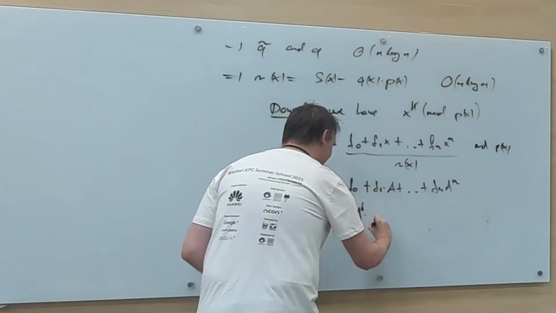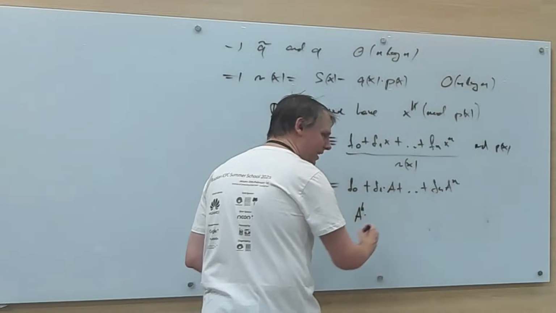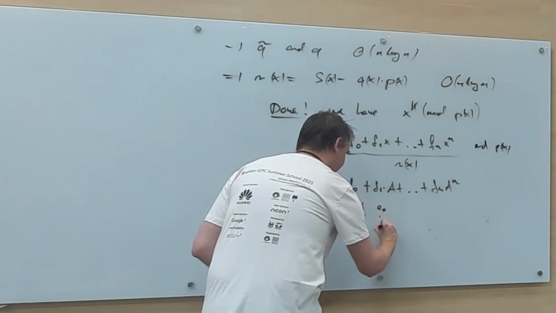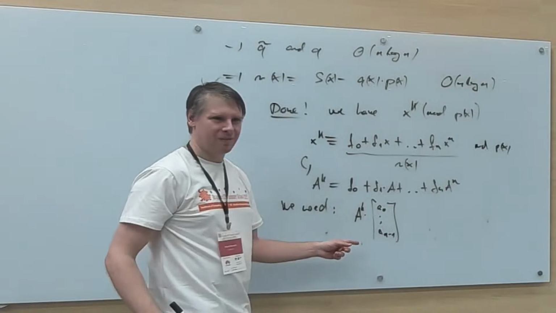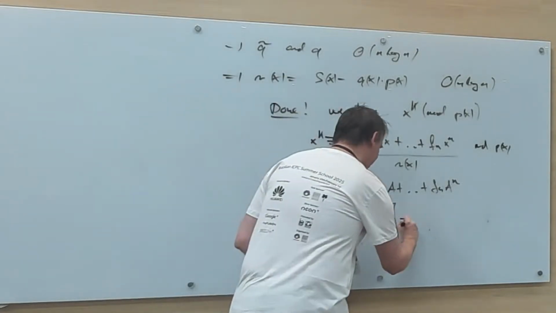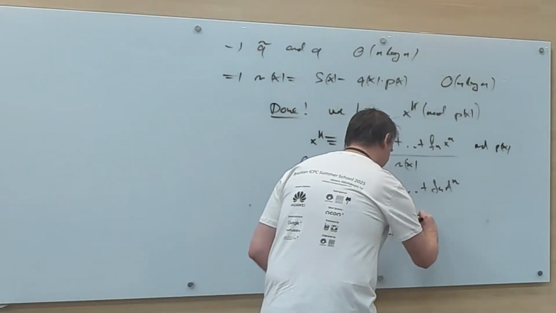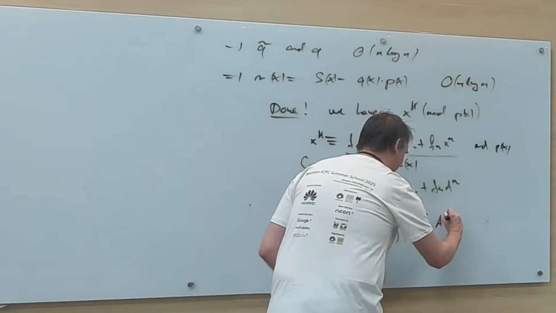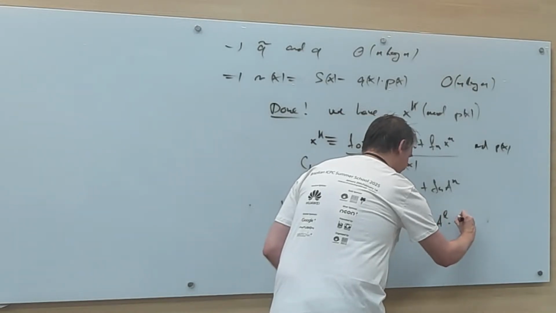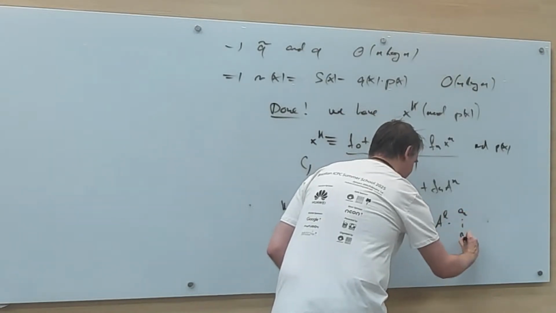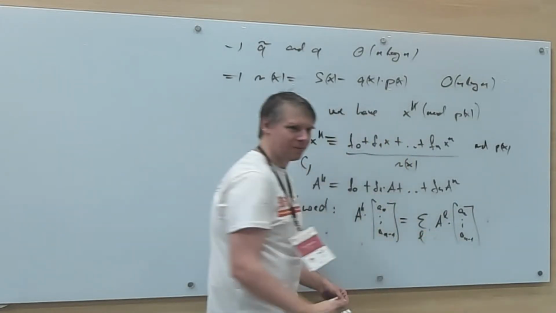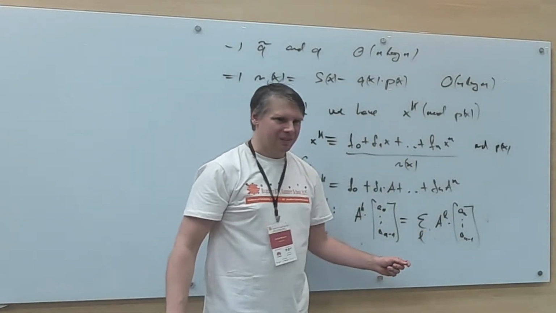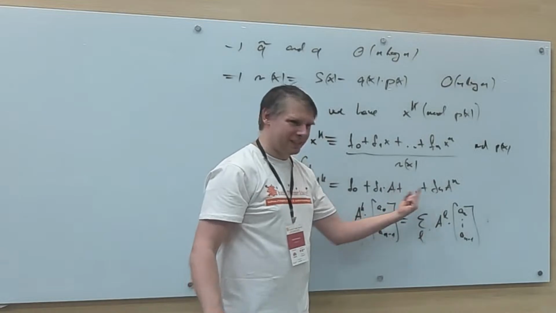We need A^k times the initial vector. So on the other side, we have a combination of A to the l times this vector. Right, so we only need to do this for the sequences.